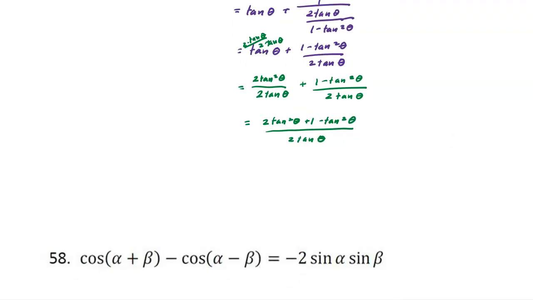One of the tangent square thetas gets canceled out. So I have a 1 plus tangent square theta over 2 tangent theta.